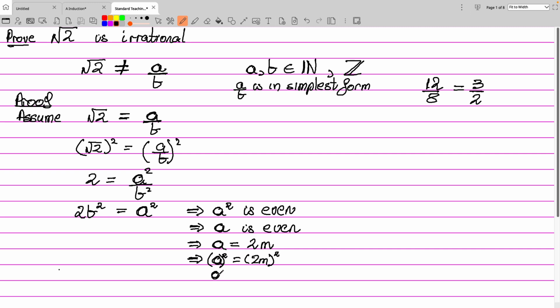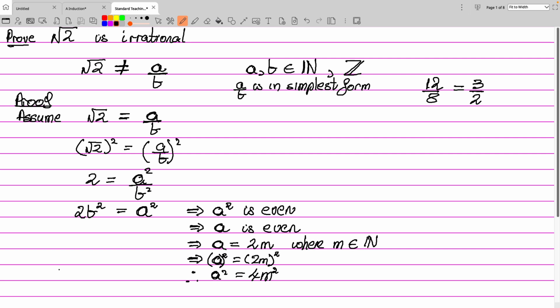So therefore, a squared is 2m on 2m, and 2m on 2m is 4m squared, where m belongs to the set of natural numbers.